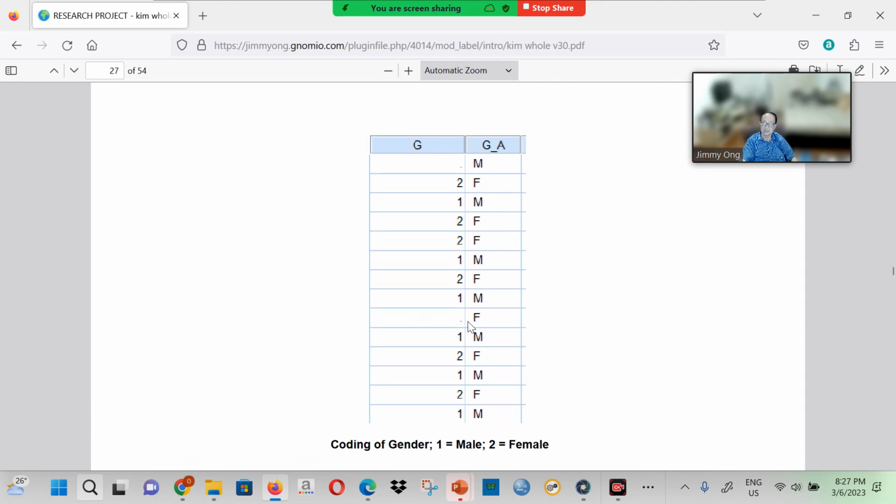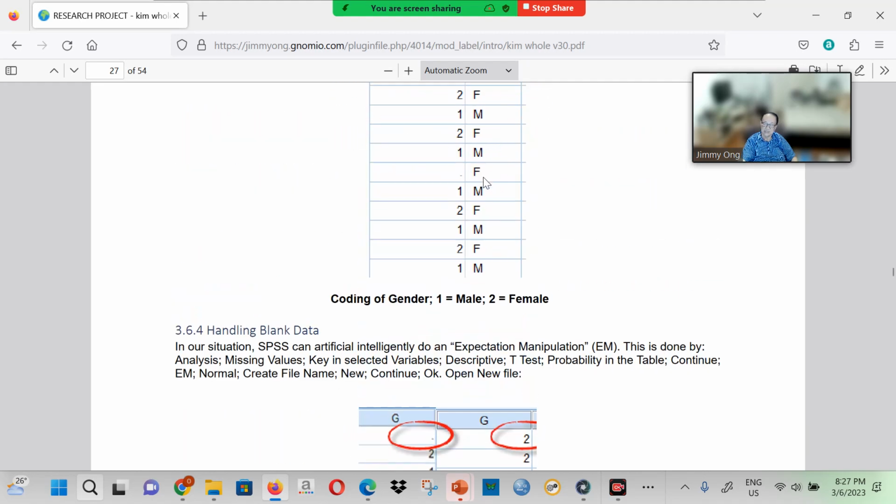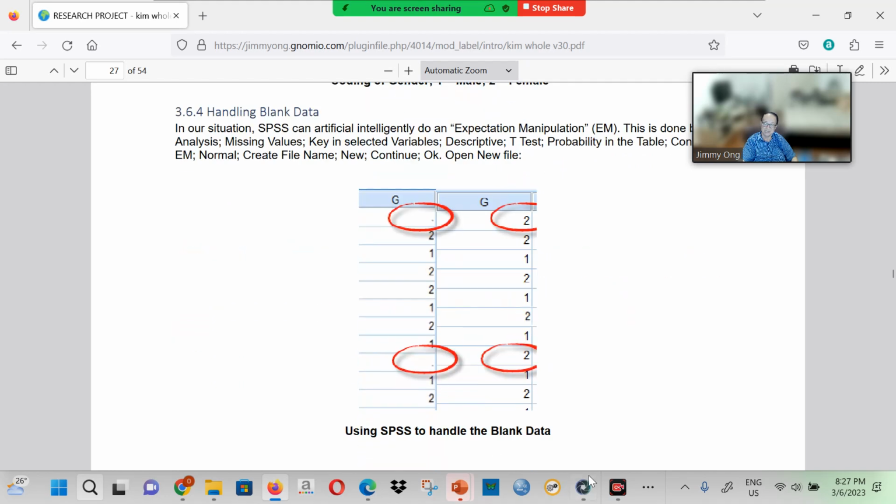People just don't key in. You cannot anyhow put one data inside. You must let the AI of this SPSS handle it for you. This one is coding, this one is coding. Coding with missing data is a bit complicated, but this is missing data.